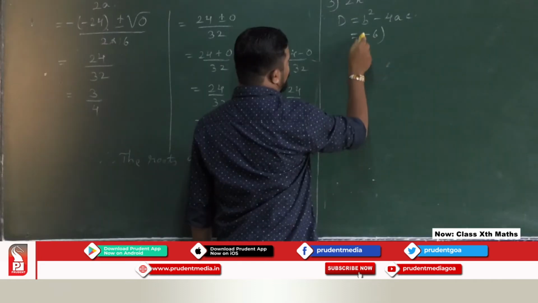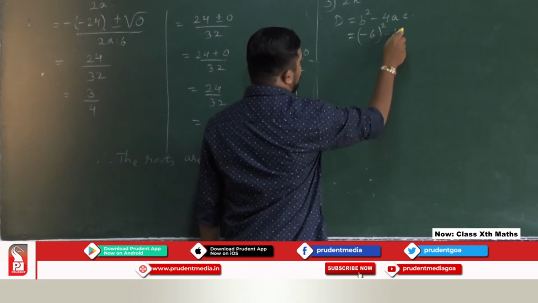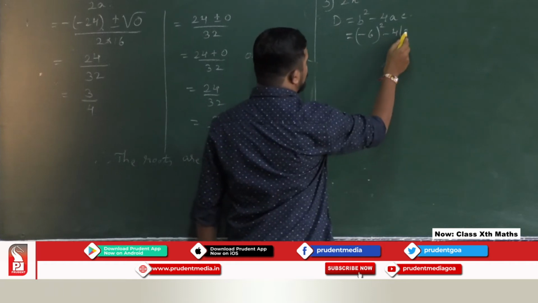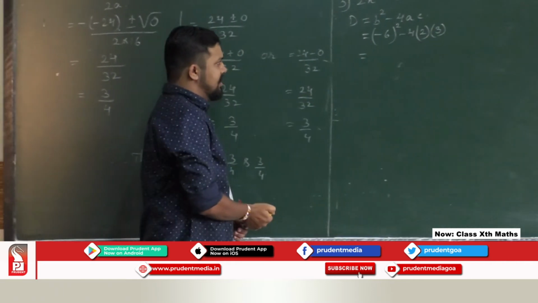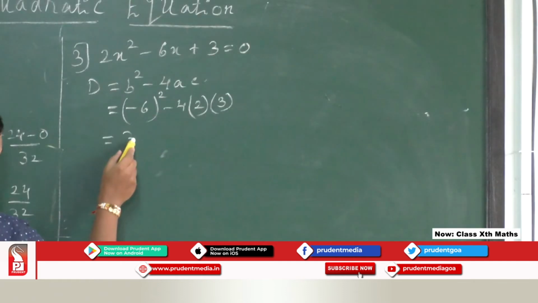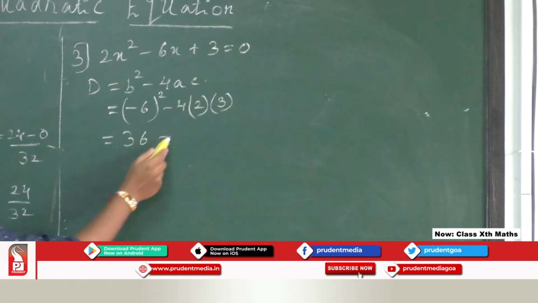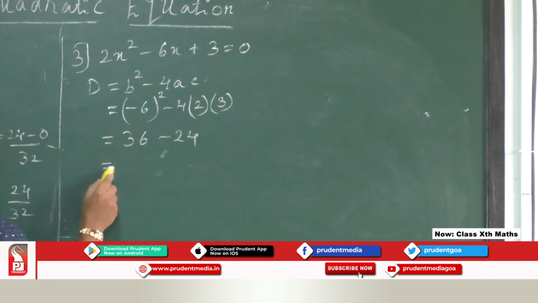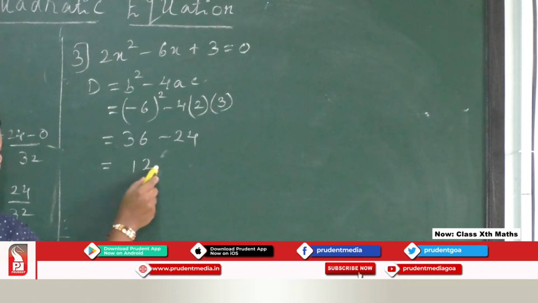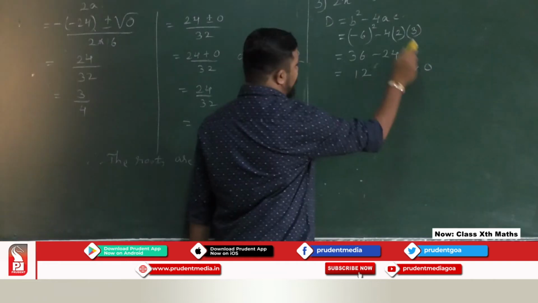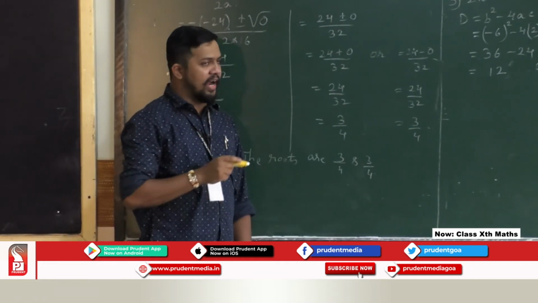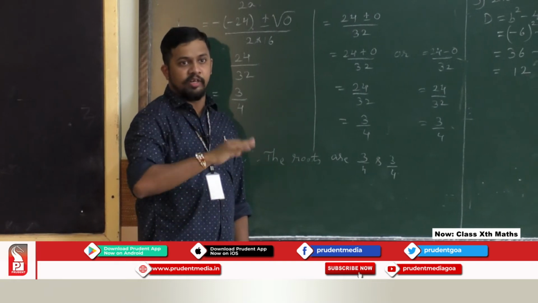Negative 6, the whole square, your A is 2, C is 3. 6 square is 36. 4 2s are 8, 8 3s are 24. 36 minus 24 is 12. So, here D is greater than 0. And when D is greater than 0, you will get your two separate, distinct roots.